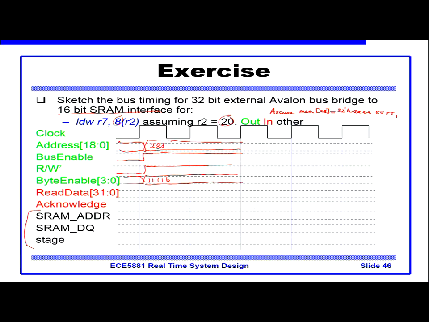Now you've got to think about what's actually happening to the SRAM device. Remember, it's a 16-bit word. We've been told up here that at memory location 28 we have a 32-bit value, 4 A's, 4 F's, so that's in hexadecimal.